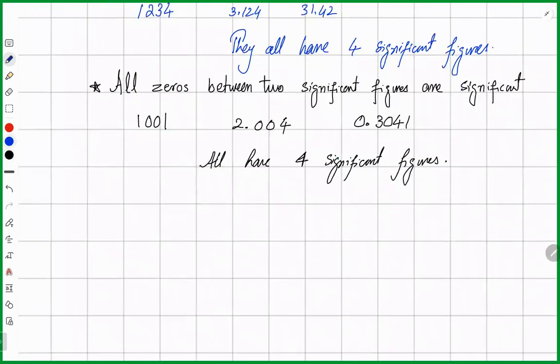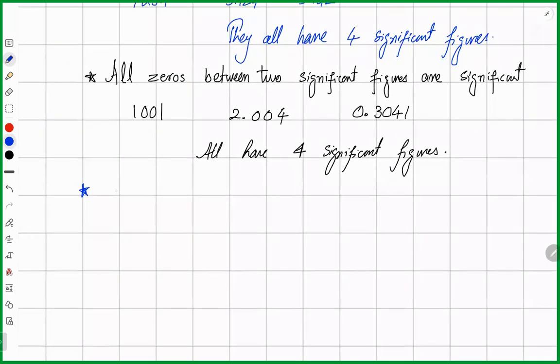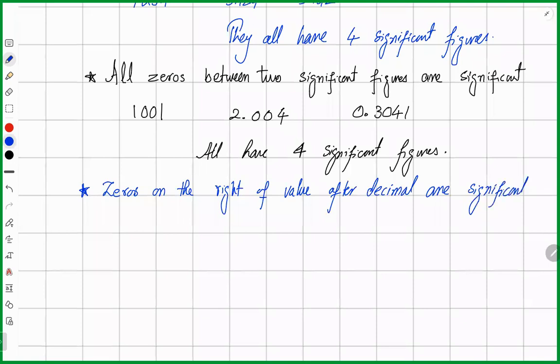Okay, now zeros on the right end of a value after the decimal are significant, like 0.3000.